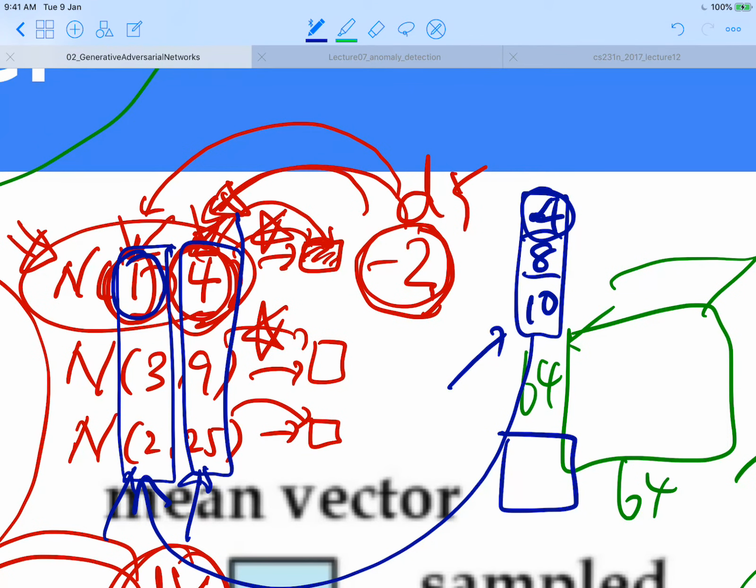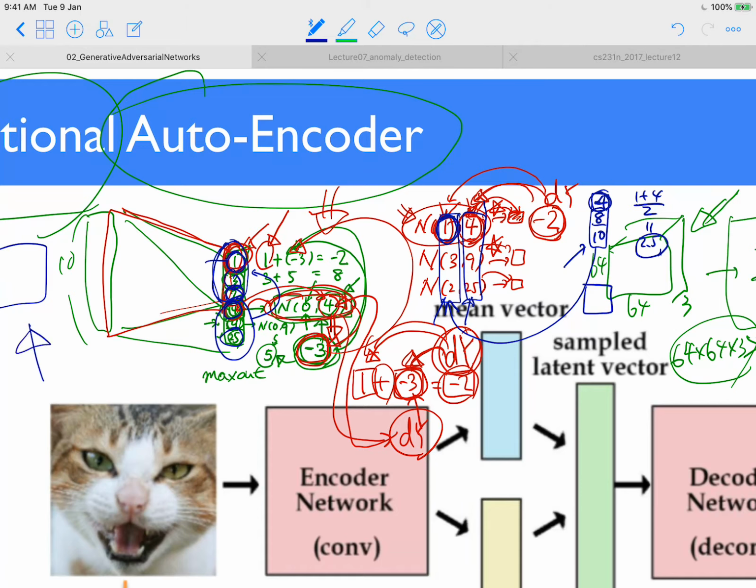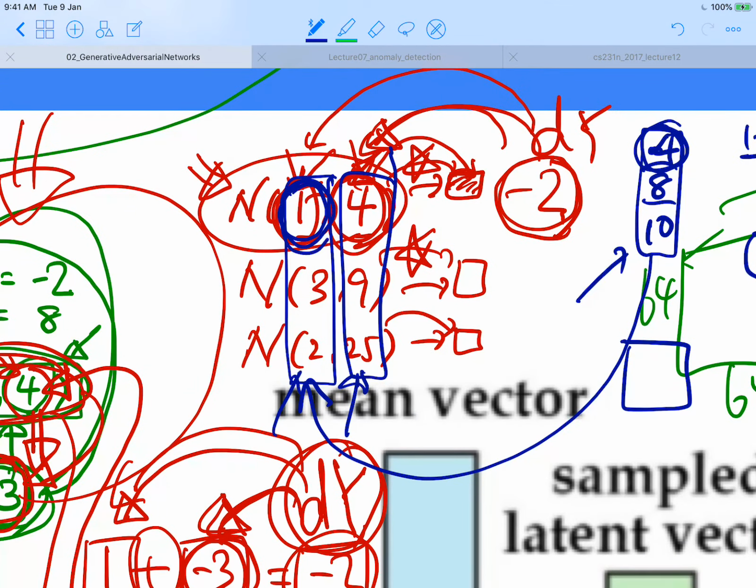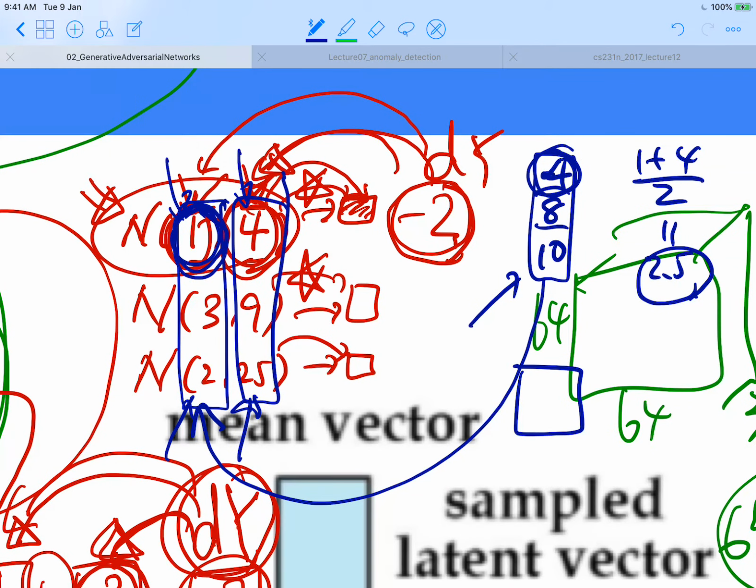But if we have no images at all, given no information at all, what will be the corresponding mean value? It will be roughly 1 plus 4 divided by 2, so 2.5, right? Let's think of the given image as our condition to specify the distribution for the first activation in terms of its mean and variance.